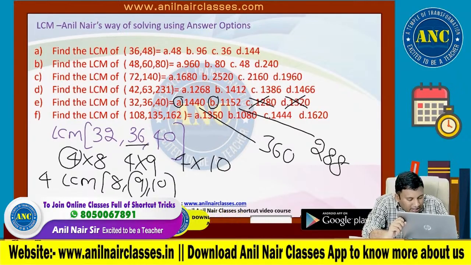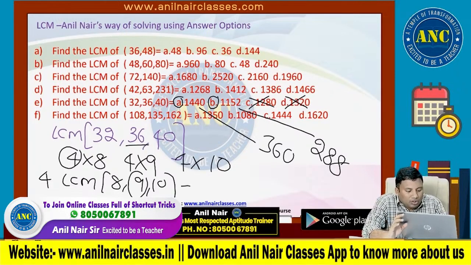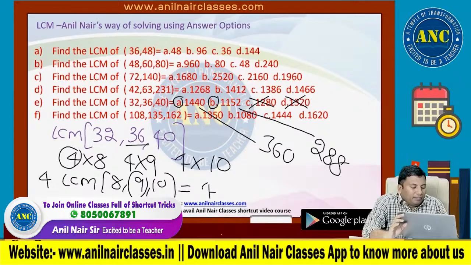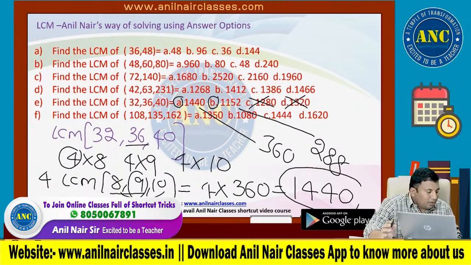Again digital sum is 9. Both are matching. Then 8 and 9 LCM is 72, and with 10 it is 360. 4 into 360 is 1440.